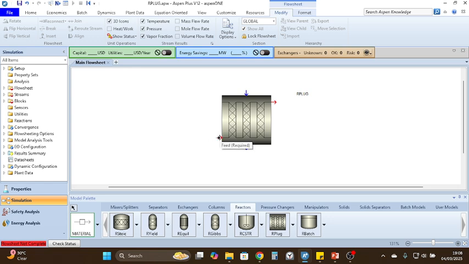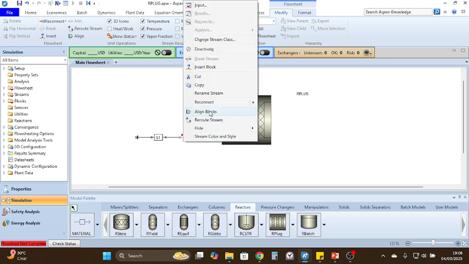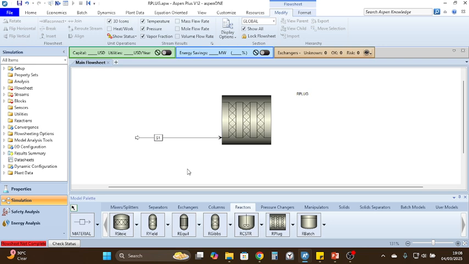Now material, we have feed, and we have product.